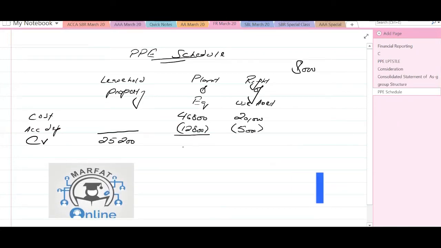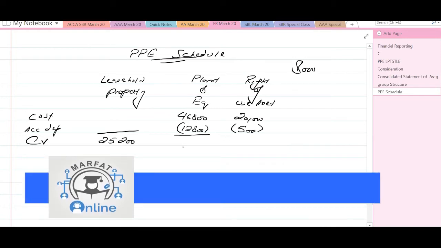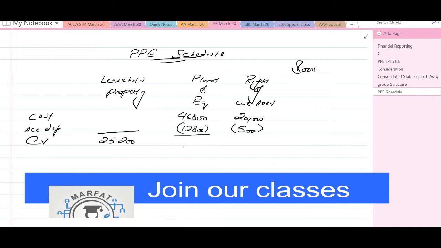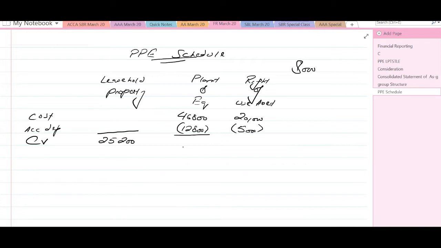All right, so now we can use the calculator. Obviously, when you are doing it in Excel, there is no need for the calculator. 34,000, and this gives you 15,000.